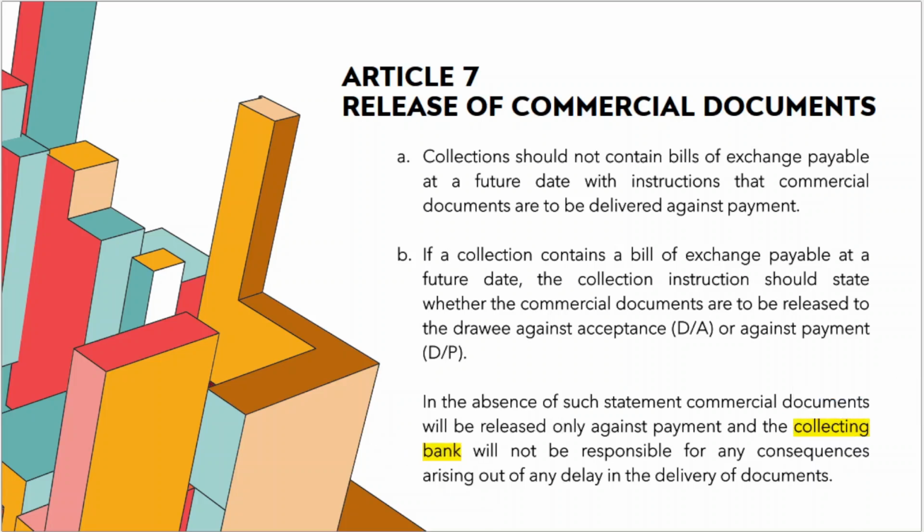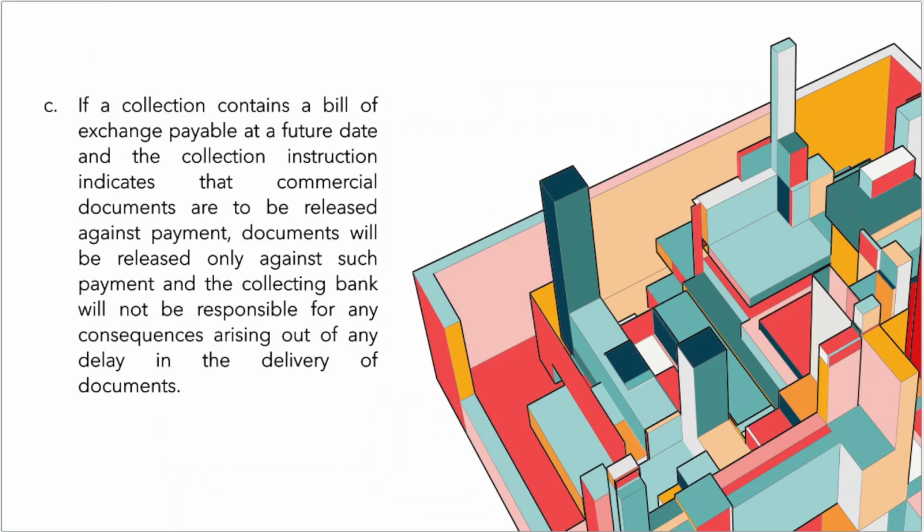Moving on to subsection C. Subsection C, the last section in this article, says, if a collection contains a bill of exchange payable at a future date and the collection instruction indicates that the commercial documents are to be released against payment, documents will be released only against such payment and the collecting bank will not be responsible for any consequences arising out of any delay in the delivery of documents.